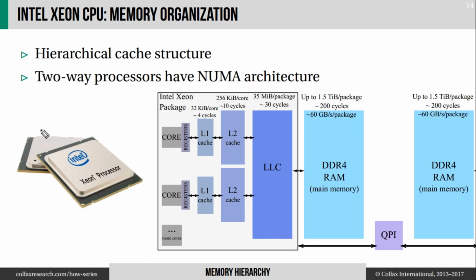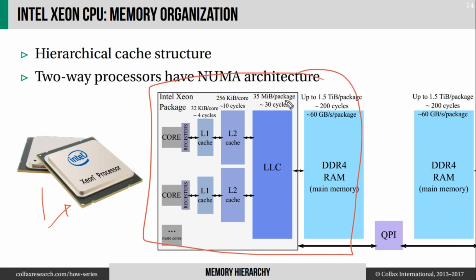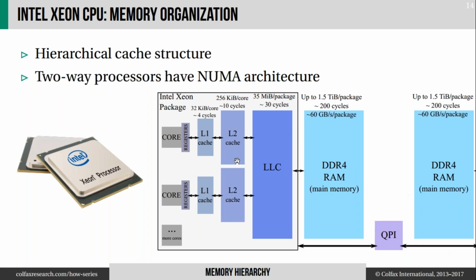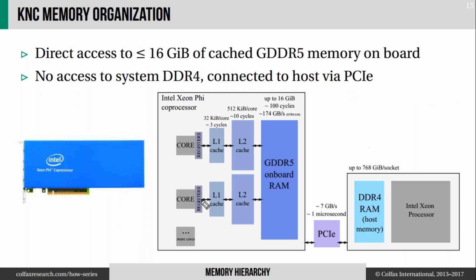In the case of a 2-way processor, this is just the organization of one package. There is a quick path interconnect connecting this package to the other package with its own memory and cores. And every core can transparently fetch data from remote memory or from local memory, but remote memory access is more costly. In Xeon Phi, the situation is similar.